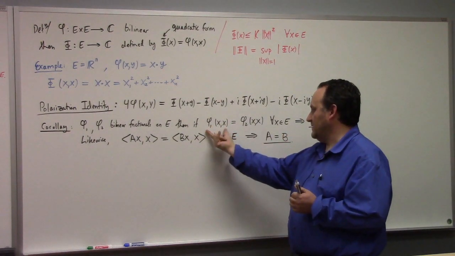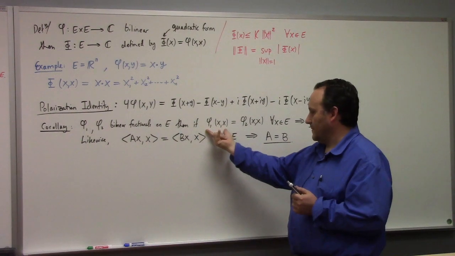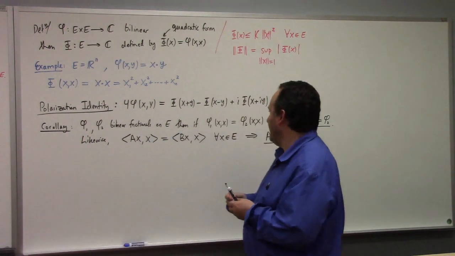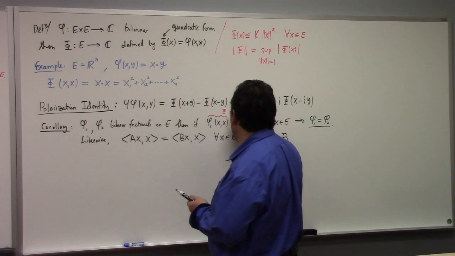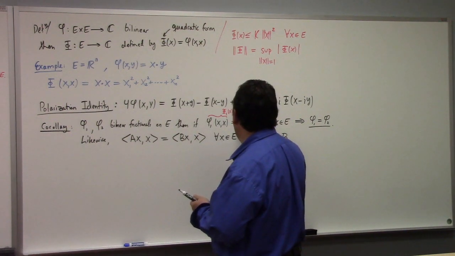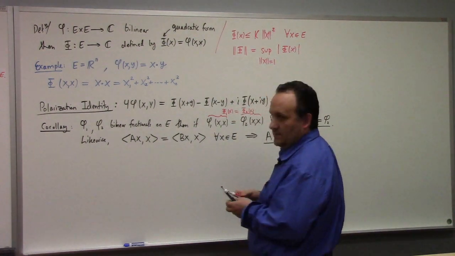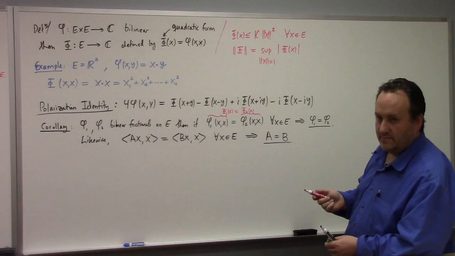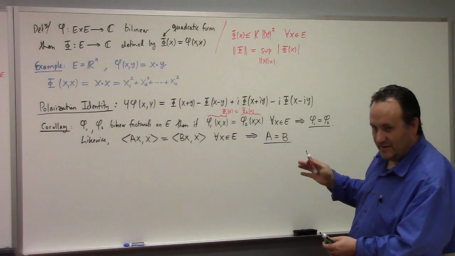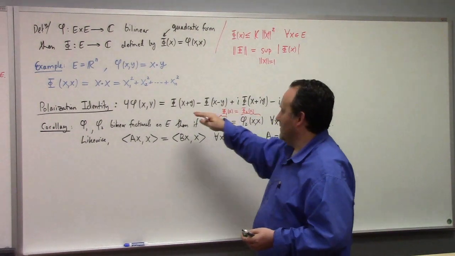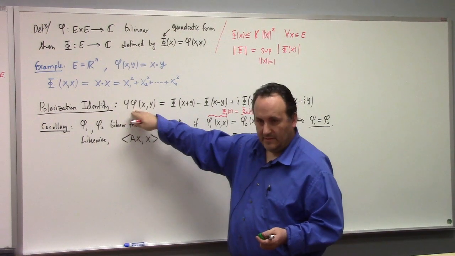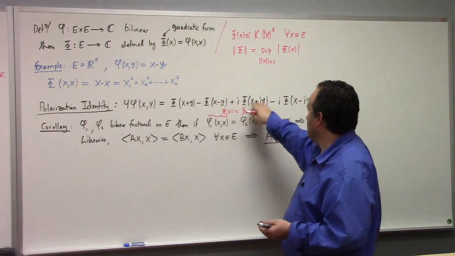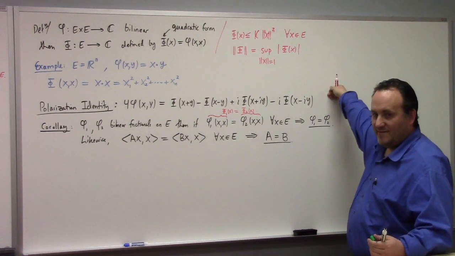Let's see here. This condition right here is literally big phi 1 of x equal to big phi 2 of x, right? So it's saying the quadratic forms are equal. But the polarization identity says that the bilinear form can be calculated by this particular formula of its associated quadratic form.